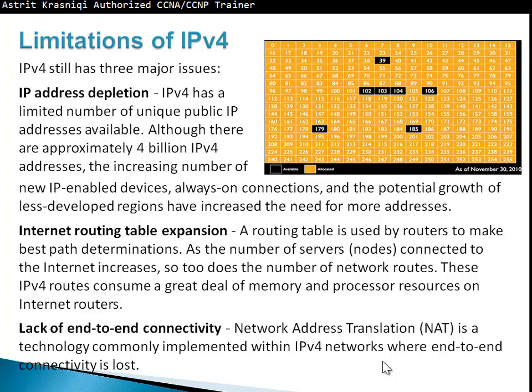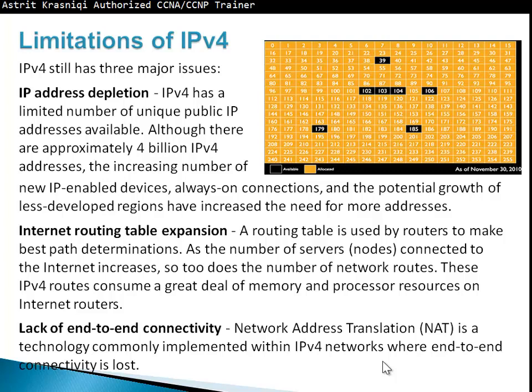So I don't need to buy 10 public IPv4 addresses to satisfy all my devices. All my devices have a private IP address, and they will only be translated to public once I need to go to the internet or access a public network. So there's a term, network address translation, that translates those private to public addresses.